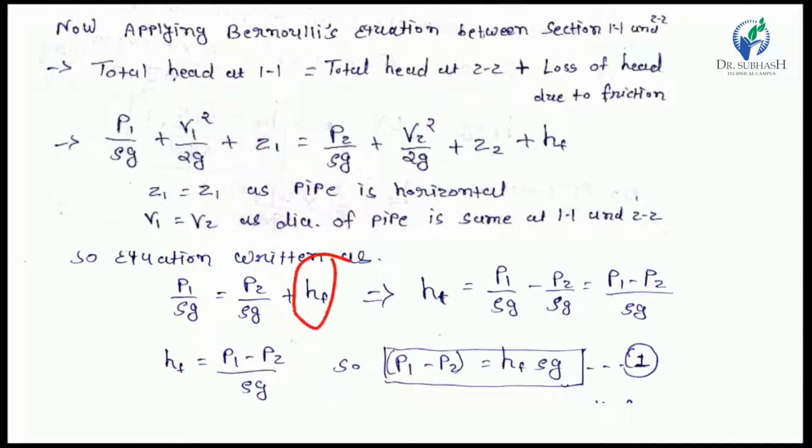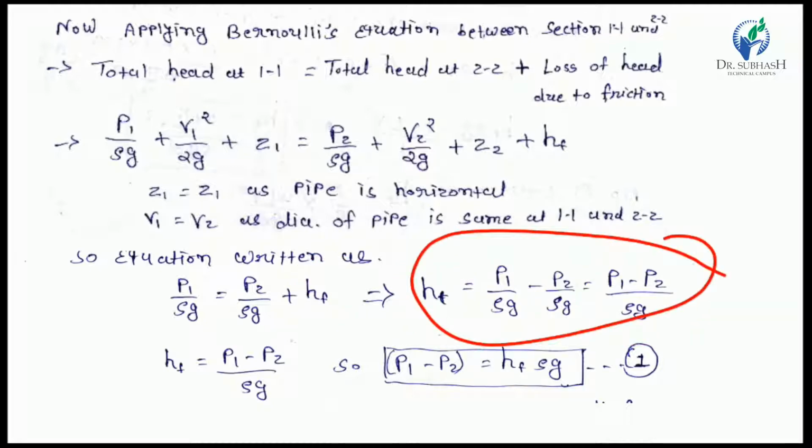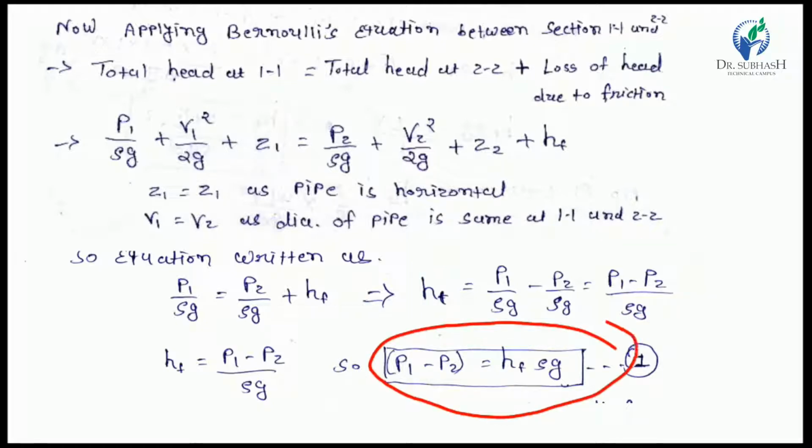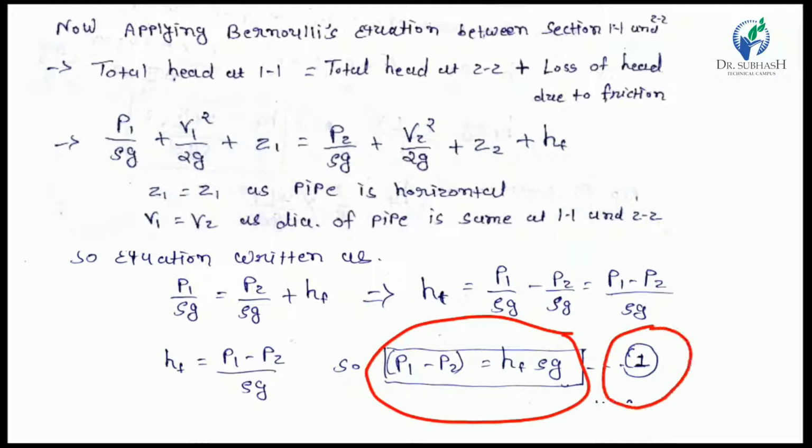Now we find the loss of head: HF is equal to P1 minus P2 upon rho g. Writing the equation in terms of pressure difference: P1 minus P2 equals HF rho g, and this is defined as equation 1.